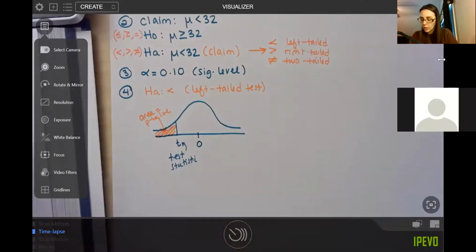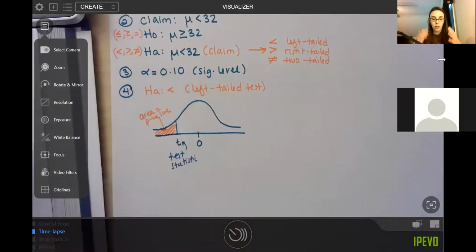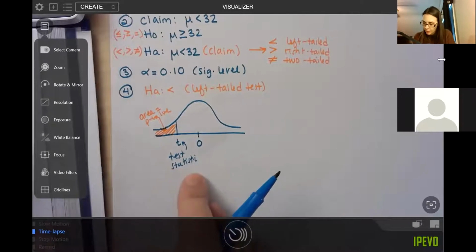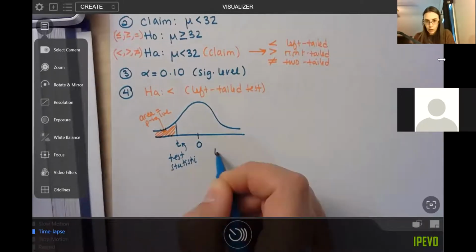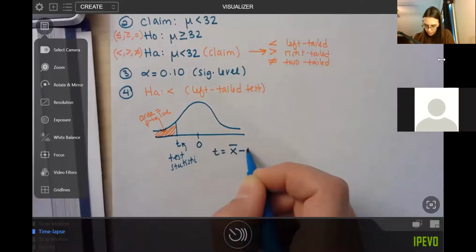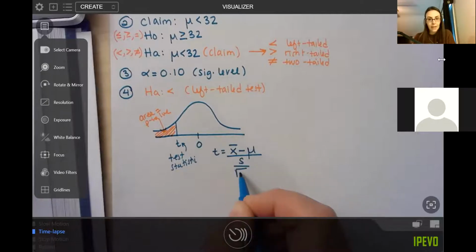Now, when you're doing p-values, it's best to do it with technology. So I'm going to show you a couple ways that you can do it with technology, depending on if you're using the calculator or if you're not using the calculator. But before we get there, I am going to find my test statistic. So your formula here for the test statistic is t equals the sample mean minus the population mean over the standard deviation over the square root of n.